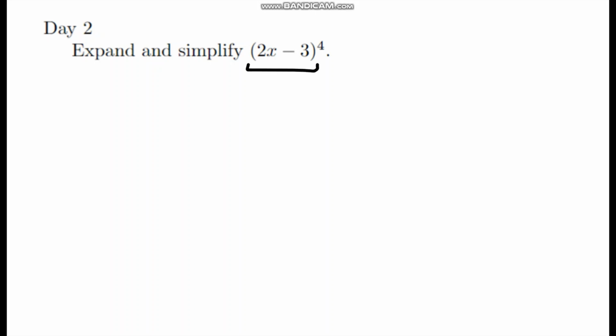Now, a question like this, we're going to be using Pascal's triangle. So we're going to draw out a Pascal's triangle. So we've got 1, 1, 1, 1, 2, 1, 1, 3, 3, 1, 1, 4, 6, 4, 1. So remember, this one here is the addition of the two diagonal ones above it.